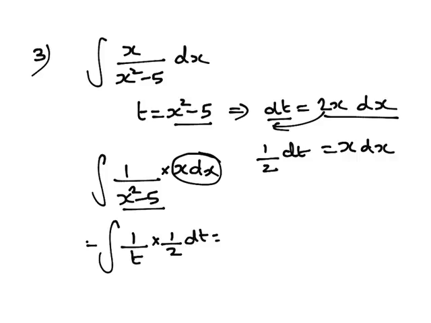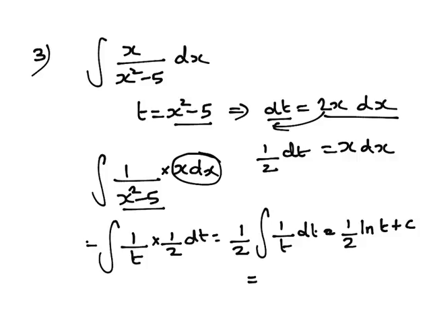I can take 1 by 2, the constant, outside the integral sign. So 1 by 2 integral 1 by t dt, which is nothing but 1 by 2 ln t plus c. So the final answer is 1 by 2 ln of x squared minus 5 plus c.